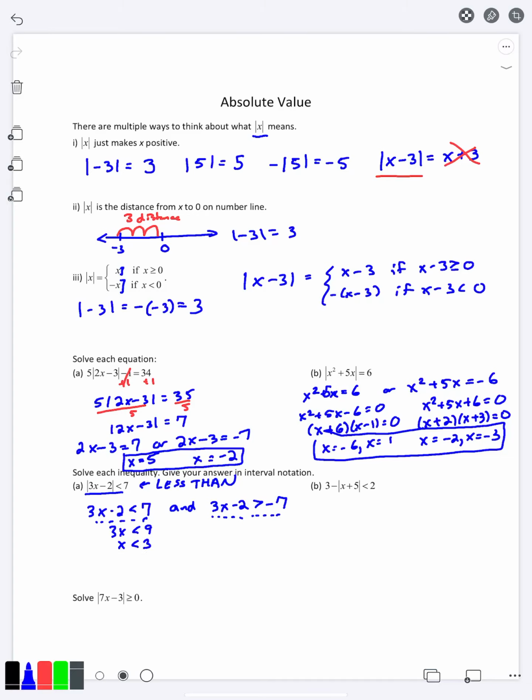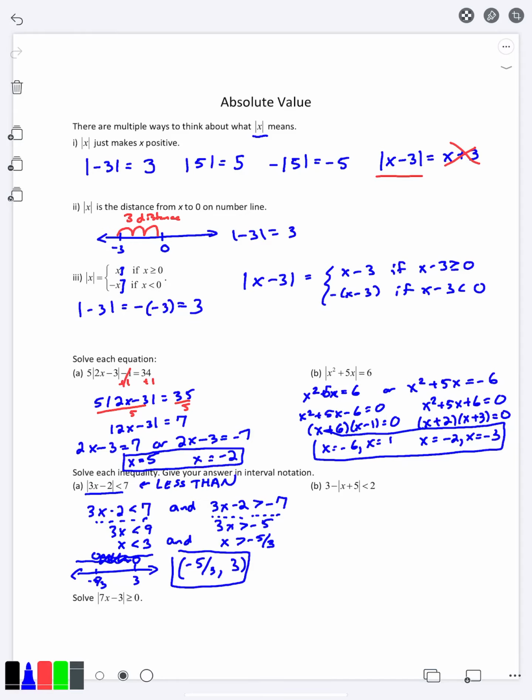Divide by 3, so we have x is less than 3, and add 2, negative 5, divide by 3, negative 5/3. So on my number line, I need to be smaller than 3, as well as greater than negative 5/3. So my overlap is in the middle here. My answer would be parentheses, negative 5/3 to 3, and parentheses, and that would be your answer.